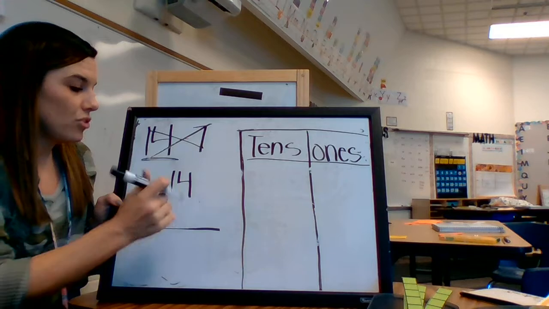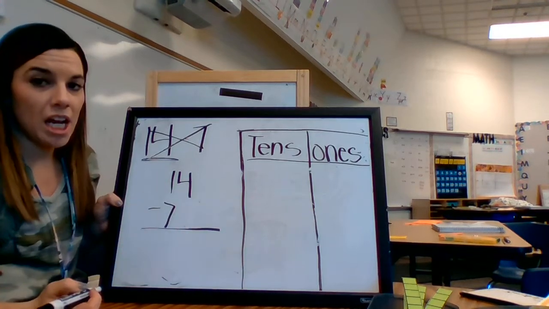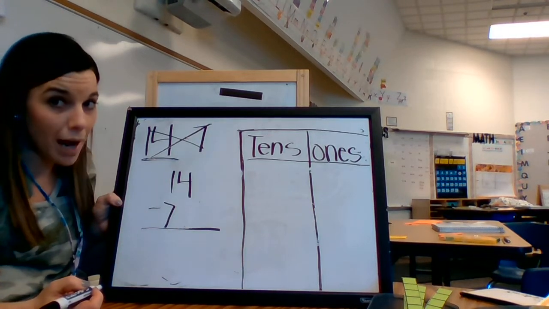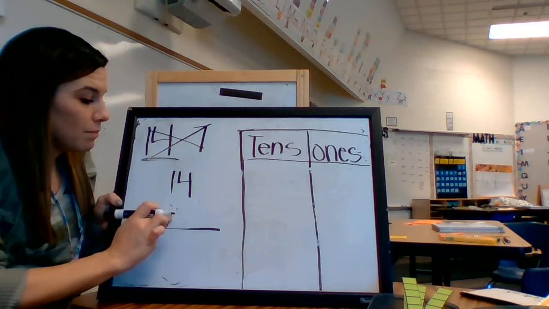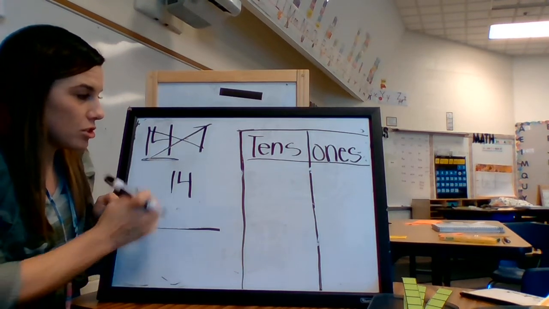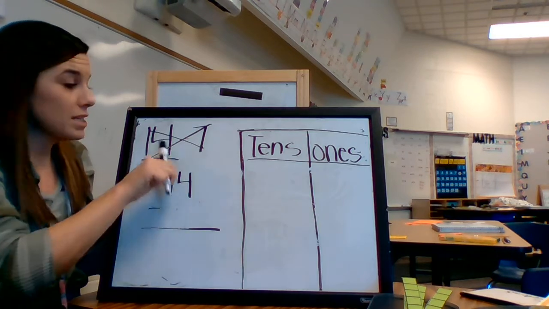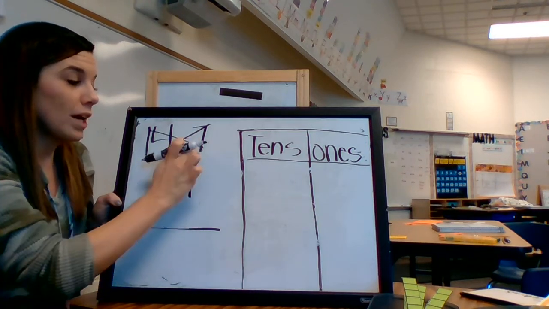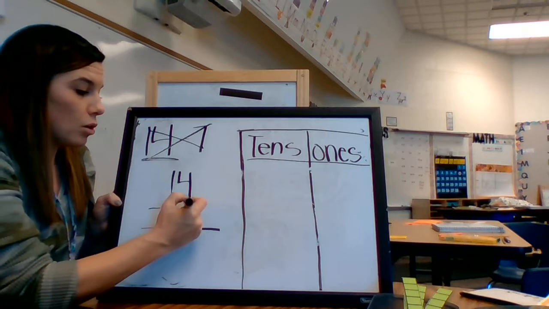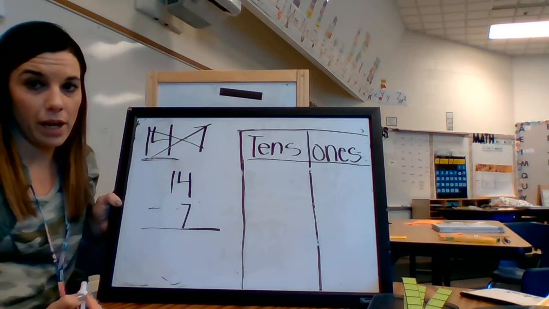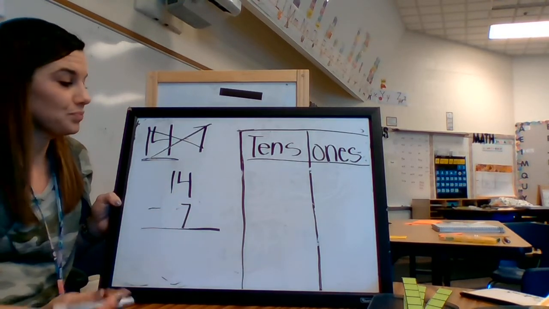Because if I did this instead, it would change the entire problem. So you want to make sure that 14 is a 2-digit number, 7 is a 1-digit number. So 14 goes on top, and my 1-digit 7 needs to go in the ones place. Okay? I hope that makes sense.